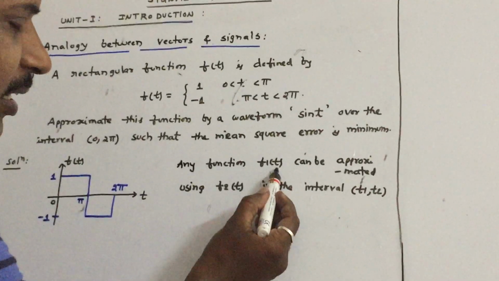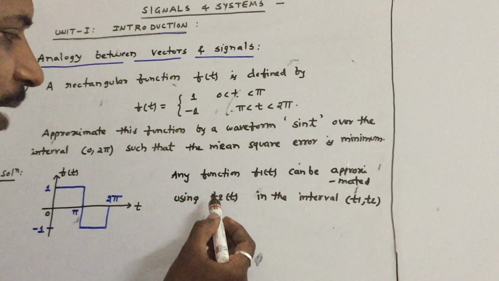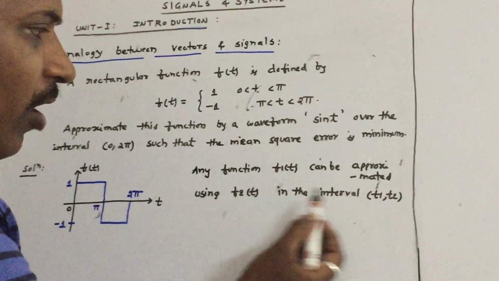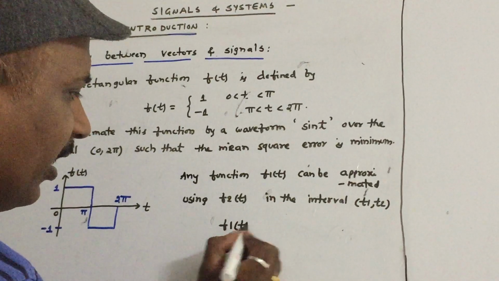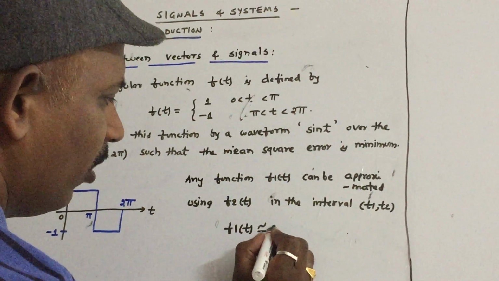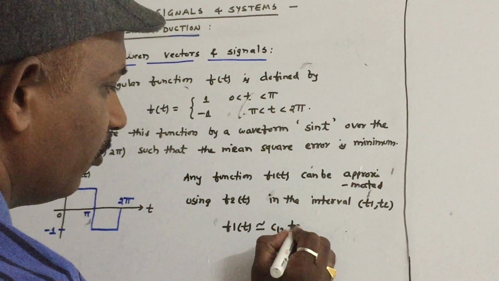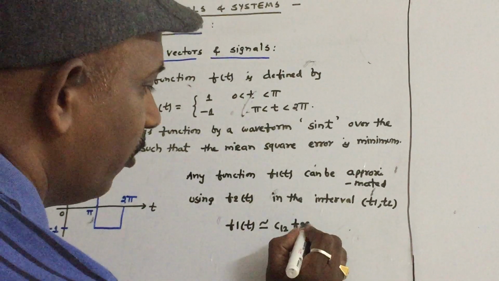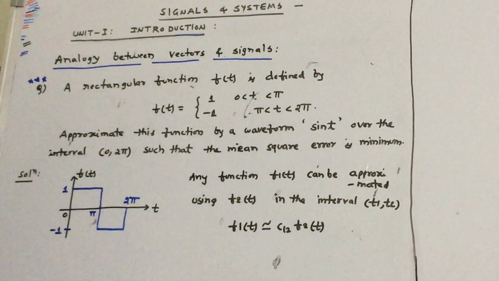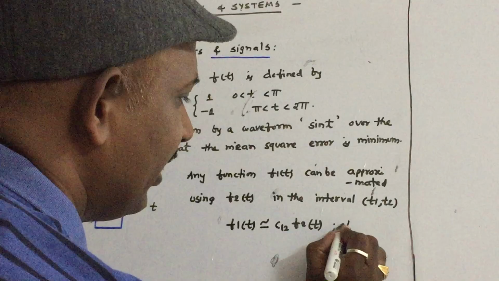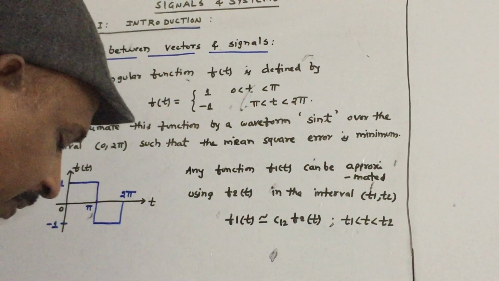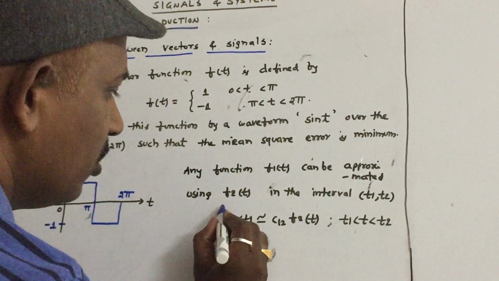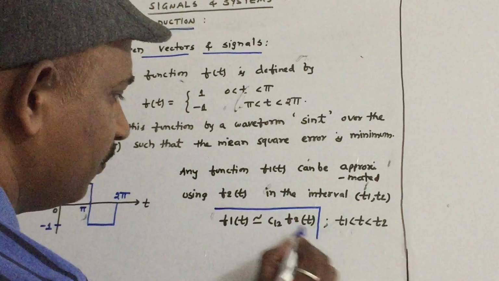Then the function f1 of t can be approximated using f2 of t in the interval as f1 of t approximately equal to C12 into f2 of t, in the interval t1 to t2. So we are approximating the signal f1 of t using f2 of t like this.